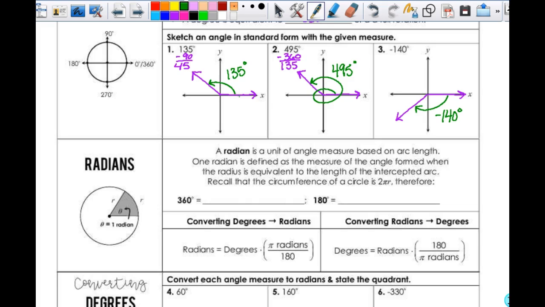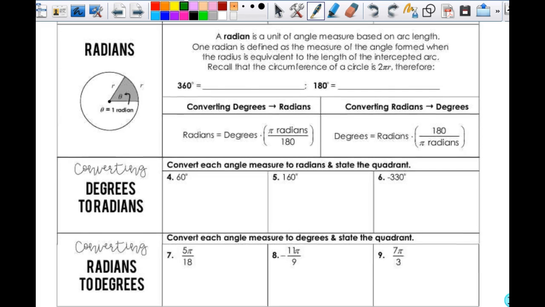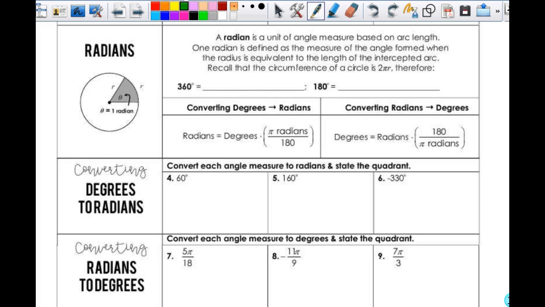The whole reason this even comes up in geometry is because that's when you learn about radians and how to convert from degrees to radians. It connects because you've talked about arc length. So you talk about arc length in geometry, and then you get to radian measure. A radian is a unit of angle measure based on arc length. 1 radian is defined as the measure of the angle formed when the radius is equivalent to the length of the intersected arc.